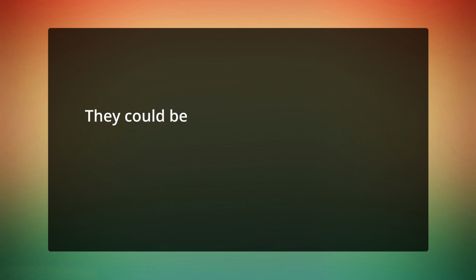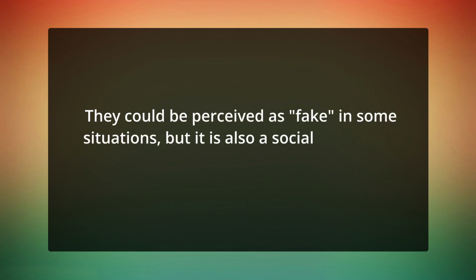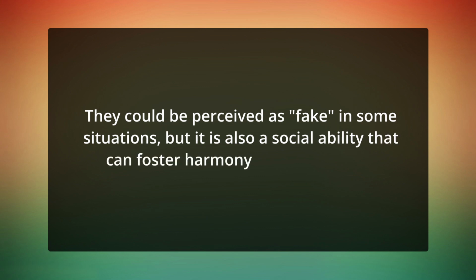High self-monitors excel at adjusting to new circumstances and interacting with others. They could be perceived as fake in some situations, but it is also a social ability that can foster harmony among us people. People who do not regularly examine their behavior are less likely to alter it to fit in.